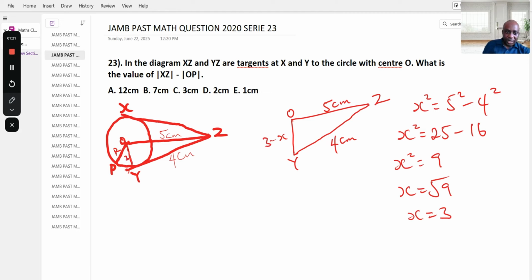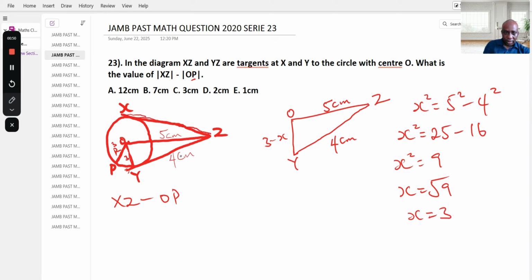It means that the radius, if you look at it from the center to the edge of the circle, it's the radius, isn't it? And OP is the same thing as what? 3 as well, isn't it? Now we have gotten this OP. Now the question asks, what is the value of XZ minus OP? What is our XZ?